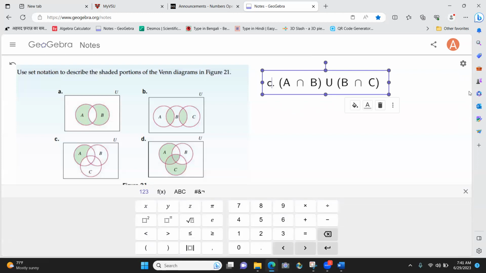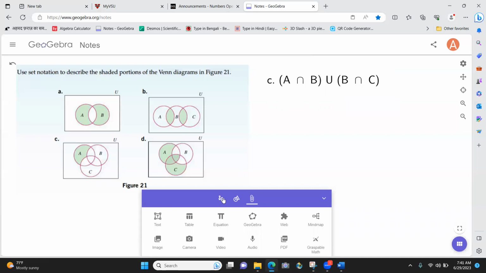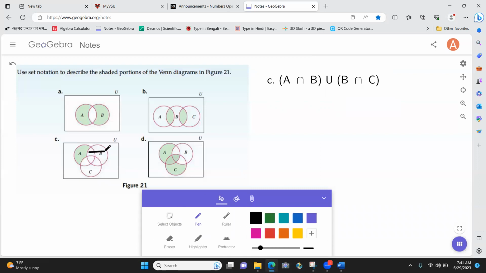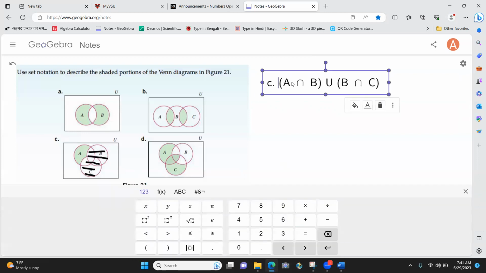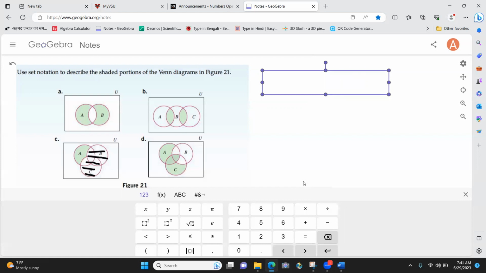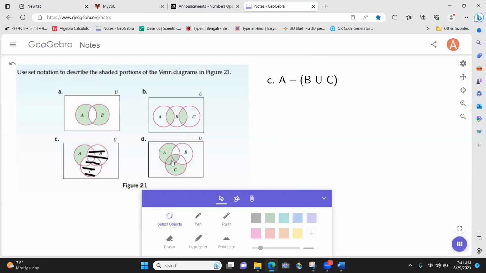C can be done in multiple ways, but I would just say take a look at B union C. B union C is going to be all of this. If I subtract B union C from A, I'll get what's shaded green. So A minus B union C will take care of it.